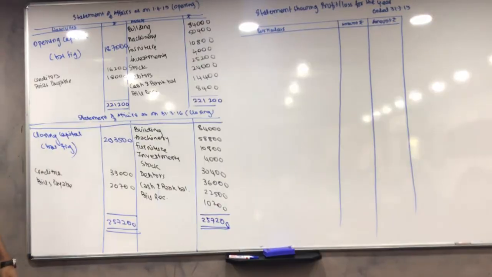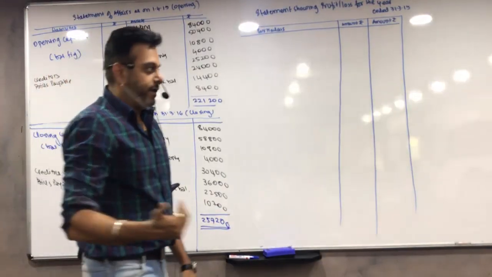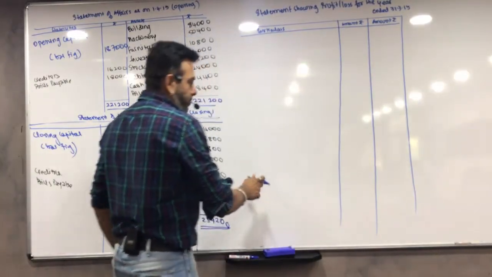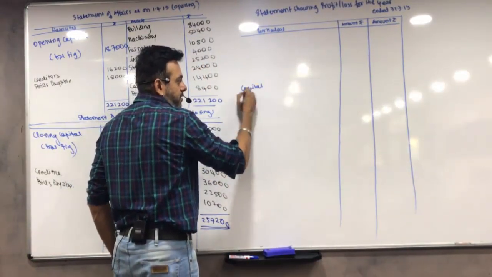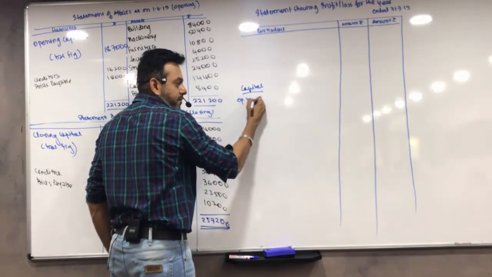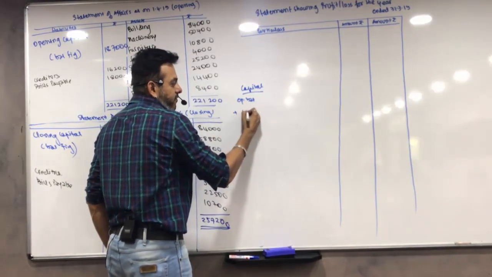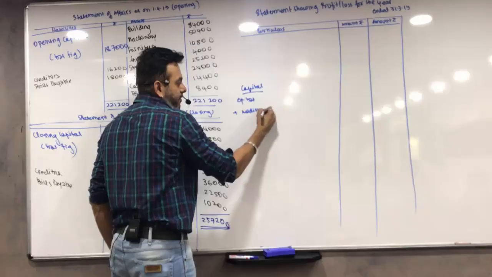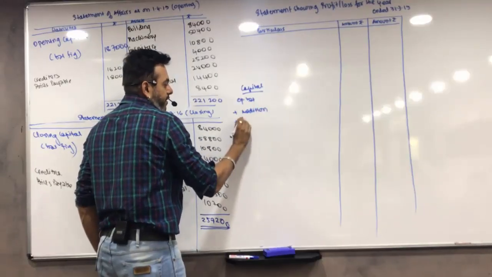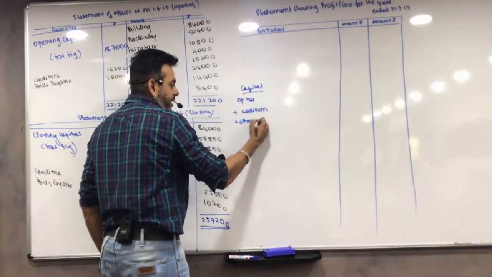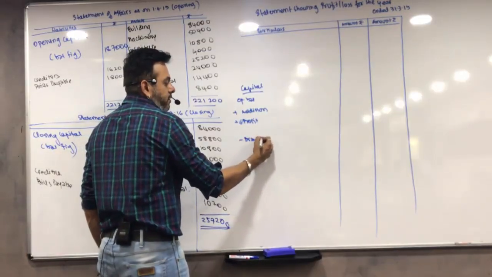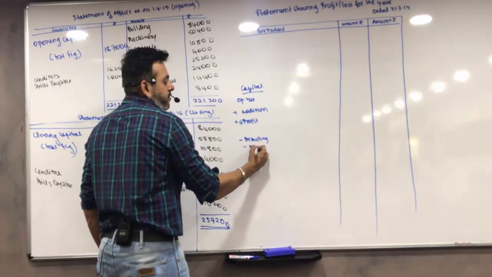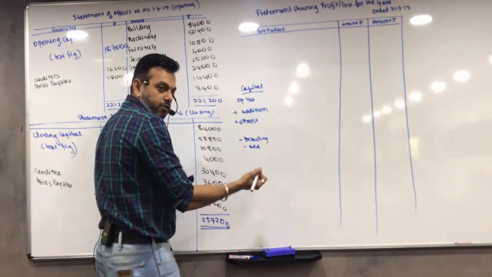Now we will start. Once again, I'll just recall what we did yesterday. You remember this format of capital? We had opening balance plus additional capital. Right now I'm not taking interest. Plus profit. I'm just taking profit. Minus drawings. Minus loss.